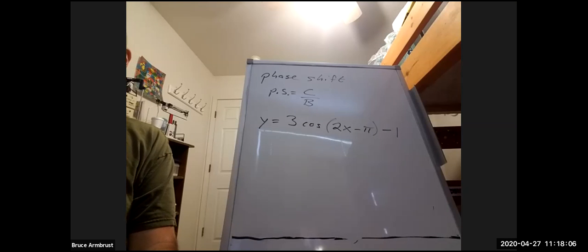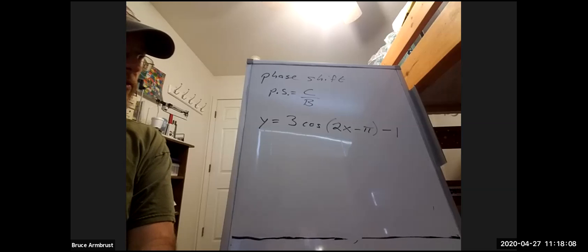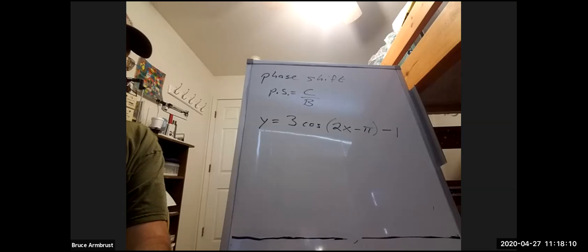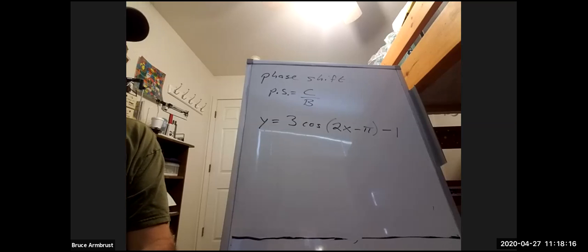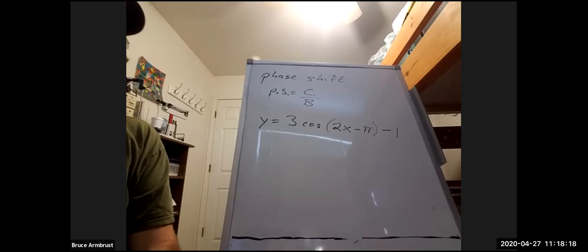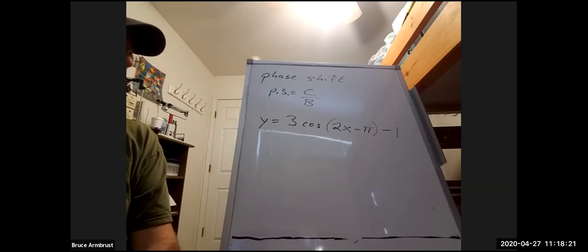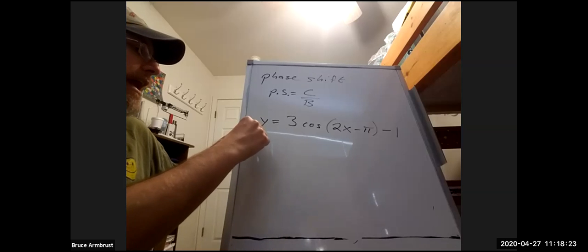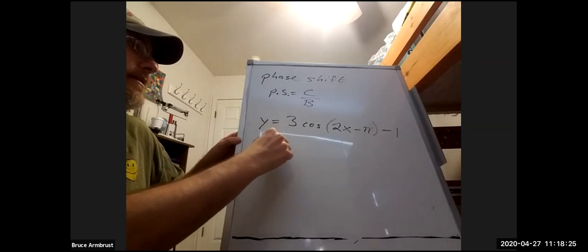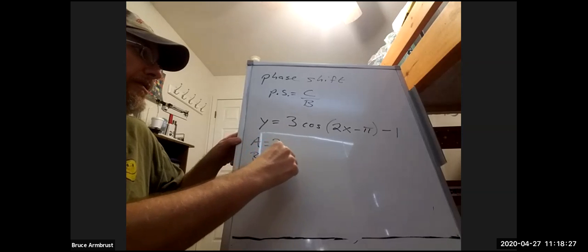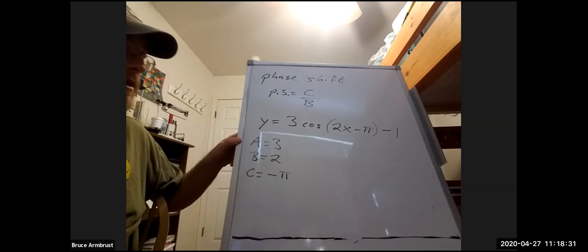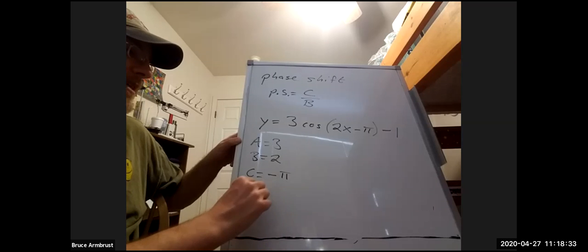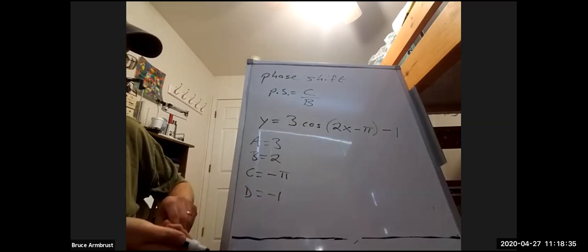So notice I just gave you a whole bunch of things. We have an A, a B, a C, and a D, which means we're going to have all of these transformations happening. So here's what I suggest you do. First, let's figure out what the different letters are. So we've got A is 3, B is 2, C is negative pi, and D is -1.